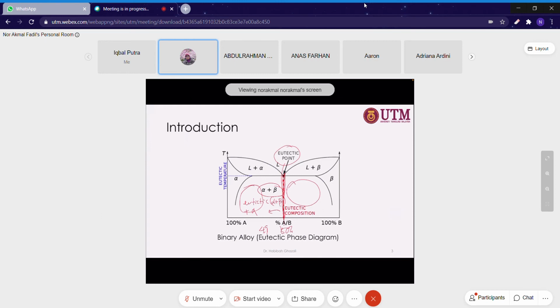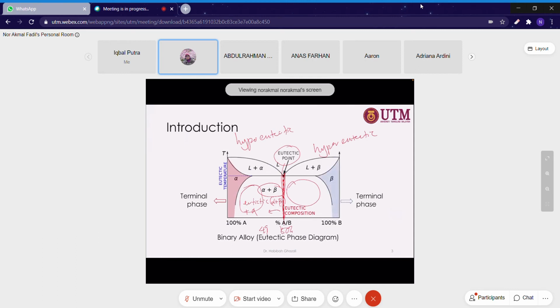So there are both alpha plus beta, but the structure of alpha and beta is different between hypoeutectic and hypereutectic. Okay, so this is the terminal phase for the single phase of alpha.